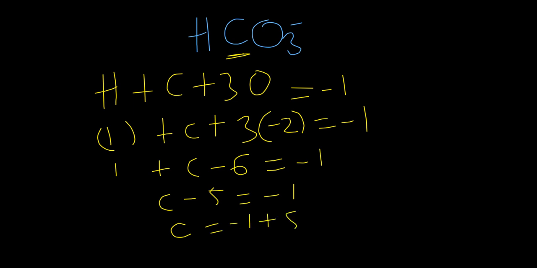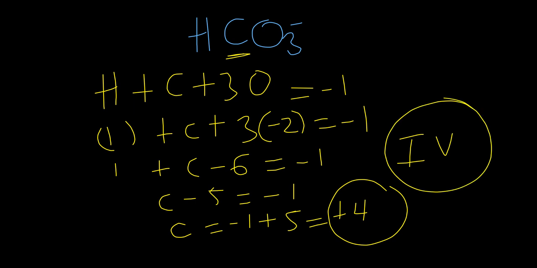That will give us positive 4. So this is the oxidation state of the carbon in this molecule. It will be 4. 4 in Roman numeral will be IV. This is what you would use to name the compound. When you are naming the compound, you use the IV to name it.